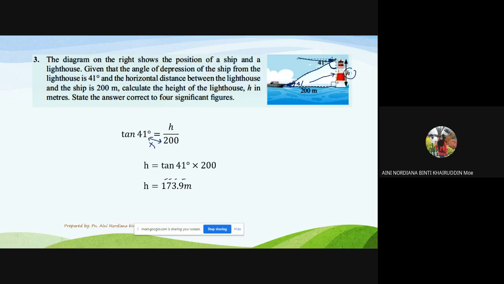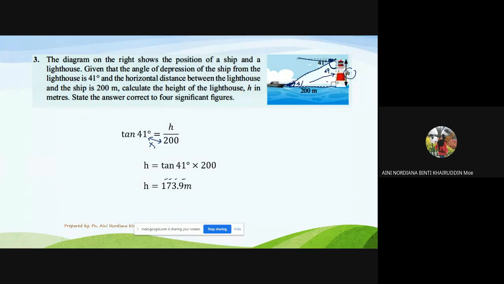Or you can find this other angle. This angle is 90 minus 41, which is 49. If you use angle 49, then 200 becomes the opposite of this angle.